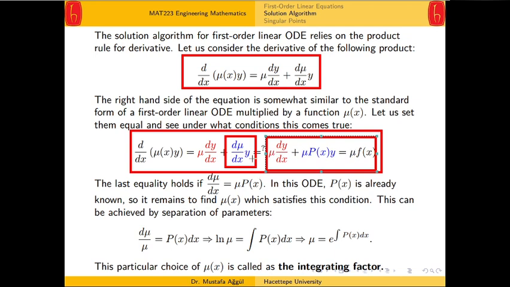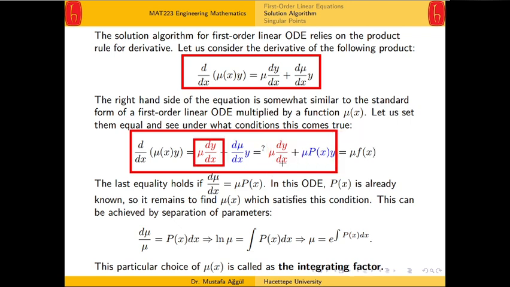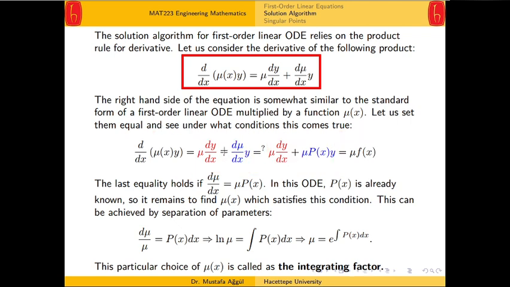To rephrase it, if we can somehow show this is equal to that, that the derivative of this product is equal to that, then we can say the derivative of this product is equal to mu times f(x). This is the main idea.